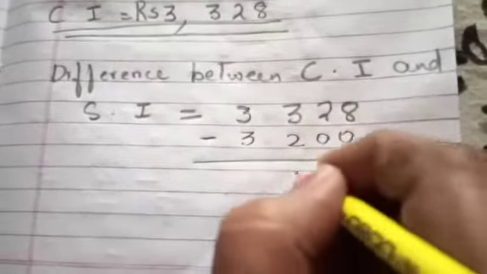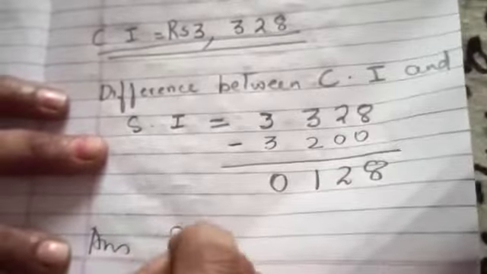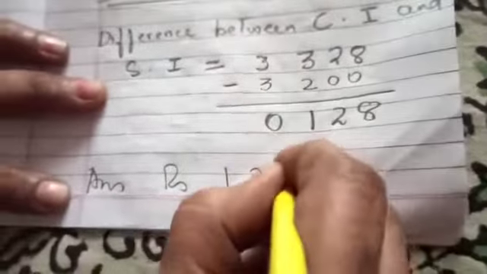So you'll get here 8. 8 minus 0 is 8. 2 minus 0 is 2. 3 minus 2 is 1. 3 minus 2 is 0. So the answer is rupees 128.